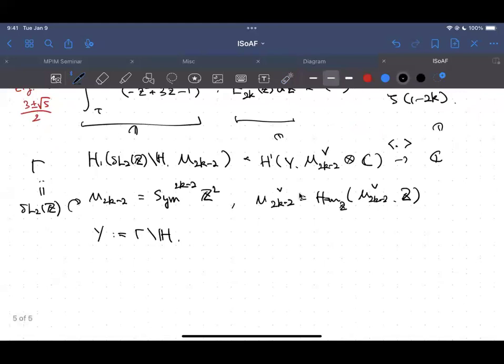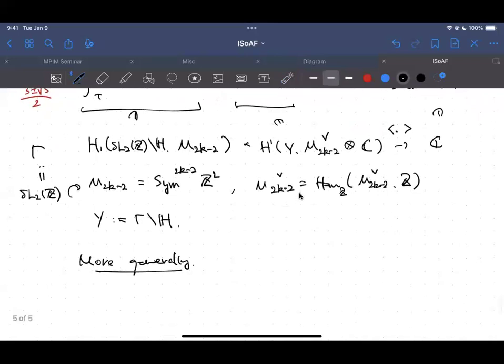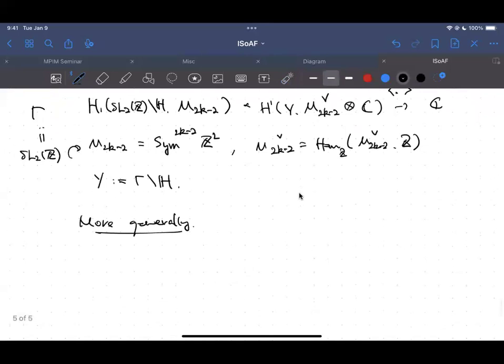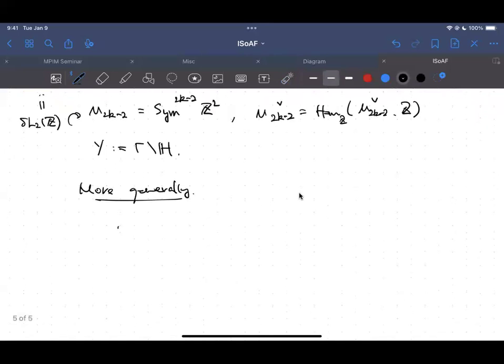And actually, more generally, we can do exactly the same thing for every ideal class. So I would like to briefly explain this. But first, let me denote by this I_{k-2} the cohomology class defined by the holomorphic Eisenstein series of weight 2k.